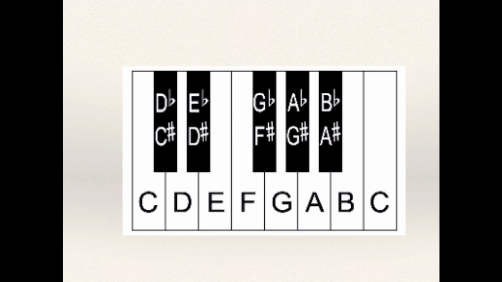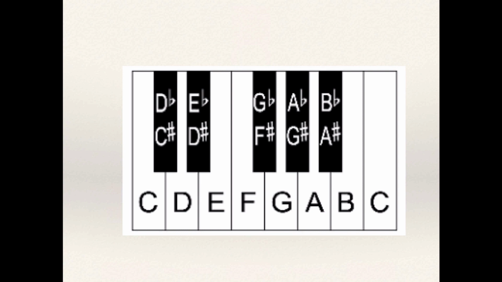A lot of times, to be technically right, theoretically, let's say we're descending and we're on D, and we want to flatten the D, we'll call it D flat. Or let's say we're ascending and we're on C, and we want to sharpen the C, we'll call it C sharp.